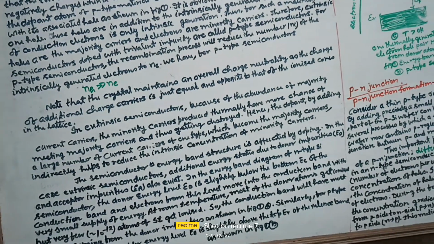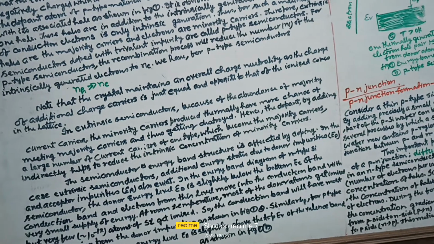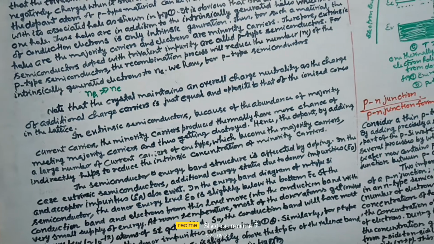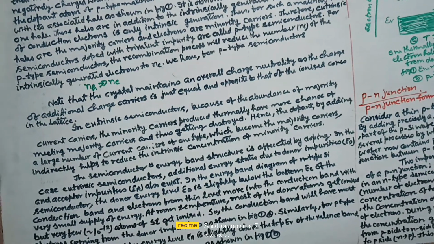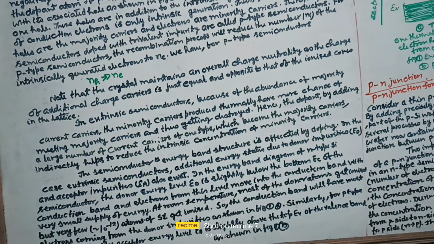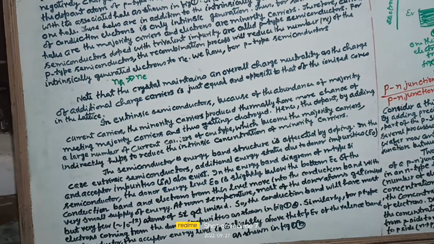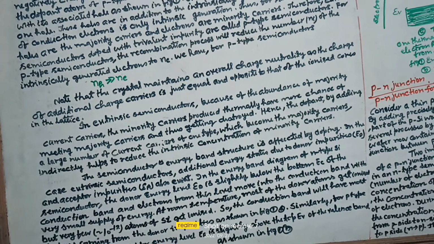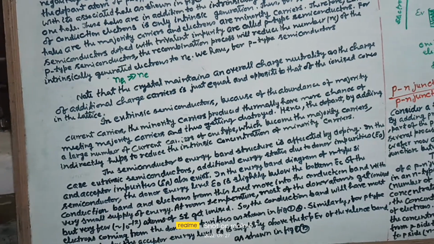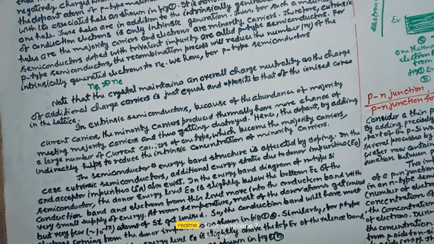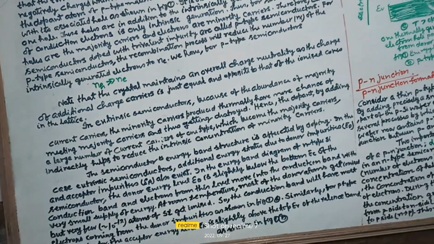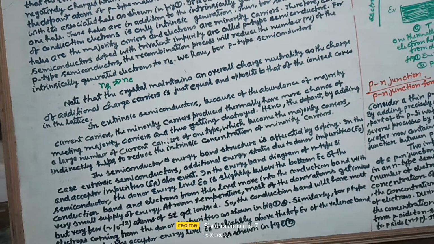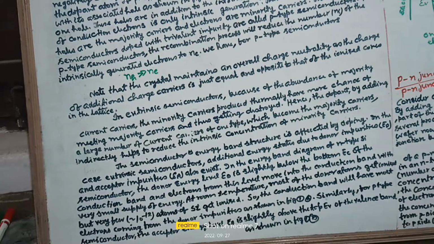The semiconductor's energy band structure is affected by doping. In the case of extrinsic semiconductor, additional energy states due to donor impurities ED and acceptor impurities EA also exist. In the energy band diagram of N-type silicon semiconductor, the donor energy level ED is slightly below the bottom EC of the conduction band, and electrons from the level move to the conduction band with very small supply of energy.